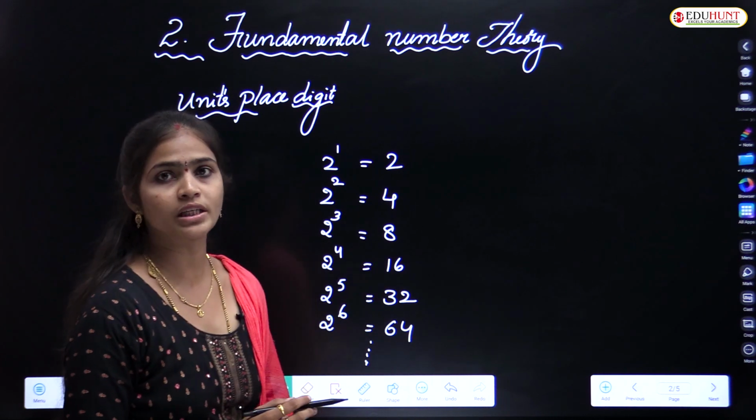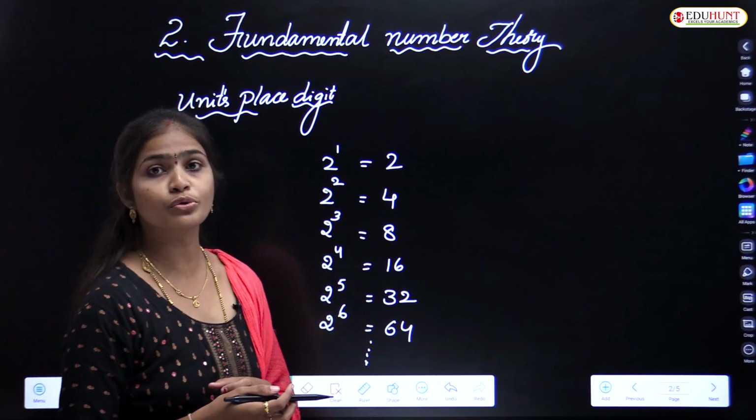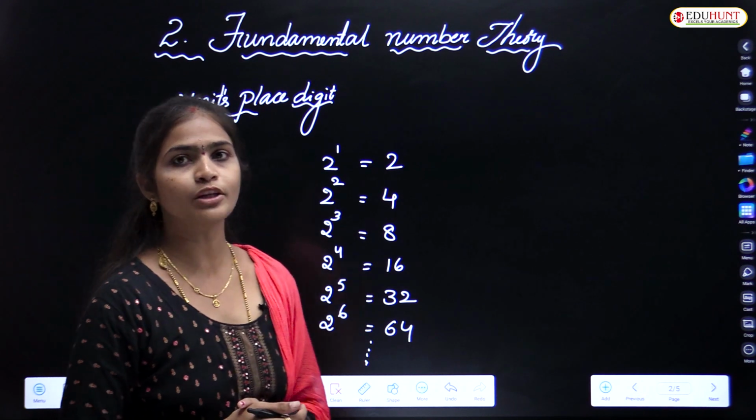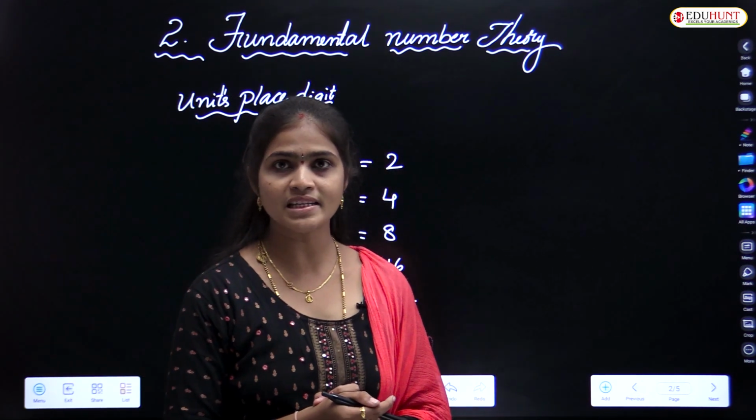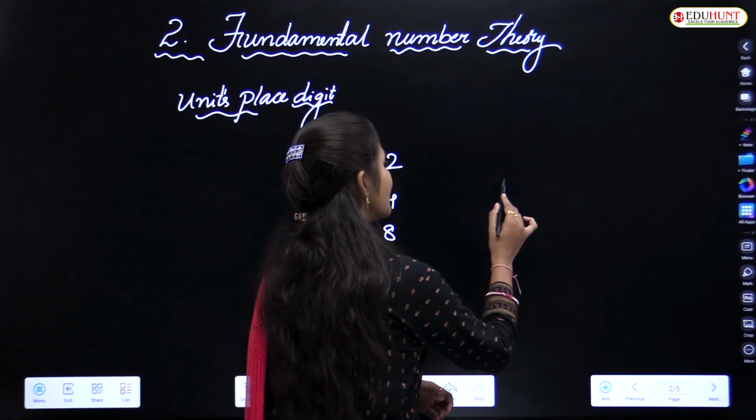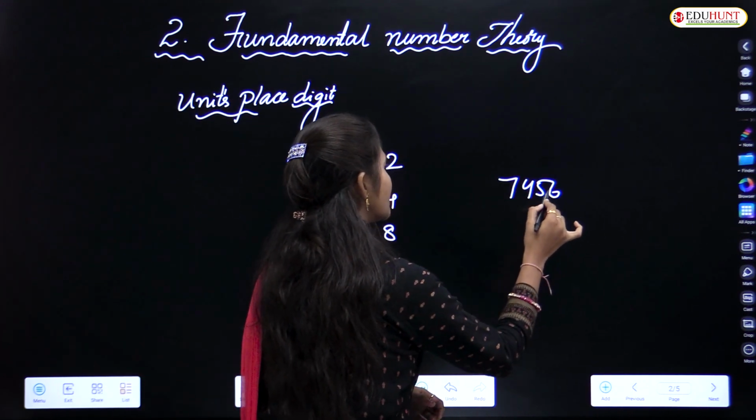Okay, here my question is, I kept the heading as units place digit. So what is the units place digit? Units place digit is nothing but the ones place digit only, no? For example, the number is 7456.